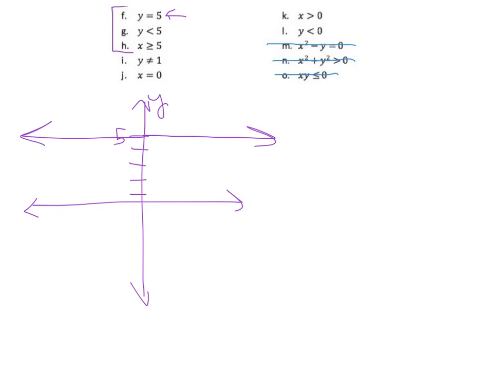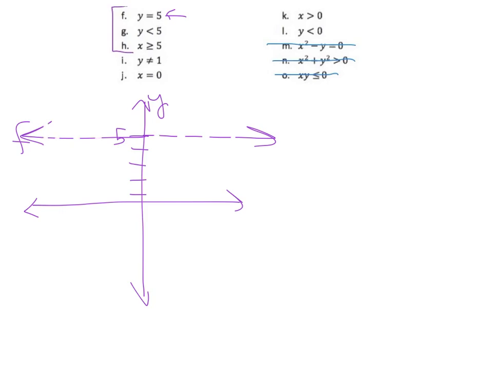Now if we do y is less than 5, so I hope you're following along. This is part F. I'm going to change it for part G though. Y is less than 5. I need to dash my line.